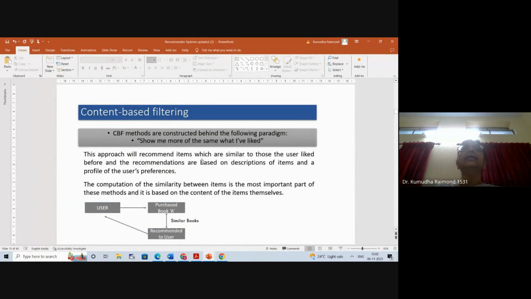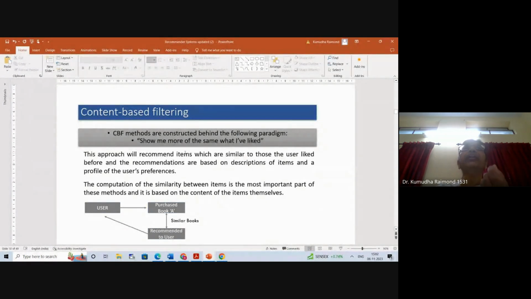It means that I bought a book A, and similar books have been bought by some other users. Show me more of the same. I bought the book A, so find out more books similar to book A and recommend them back to me. That is called content based filtering.